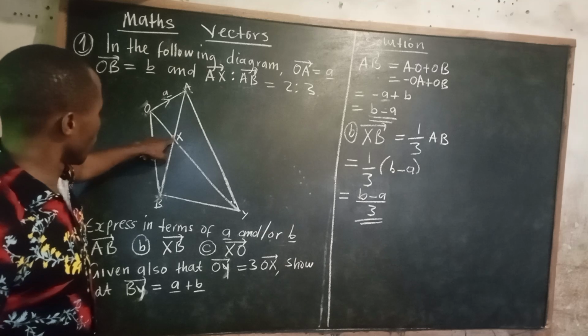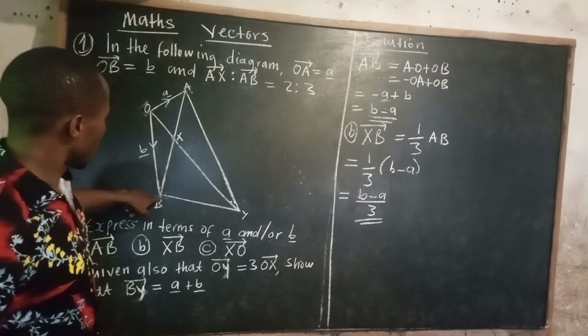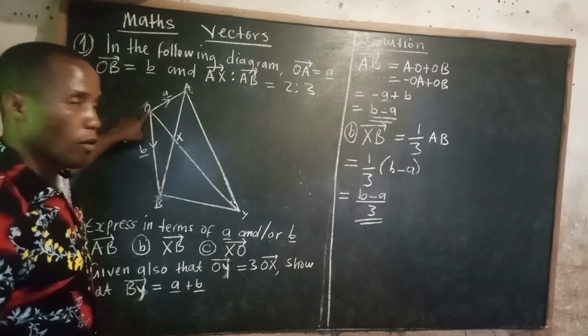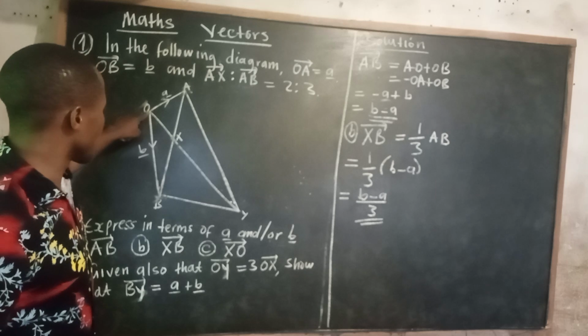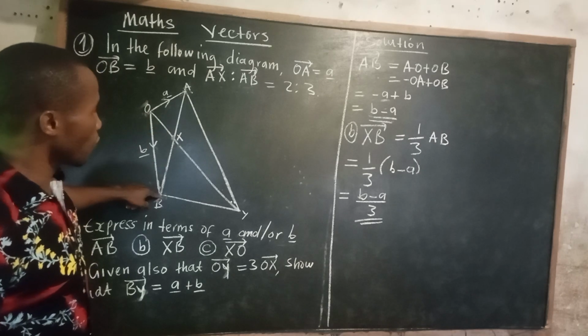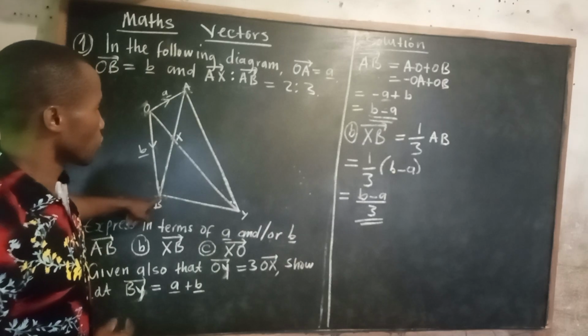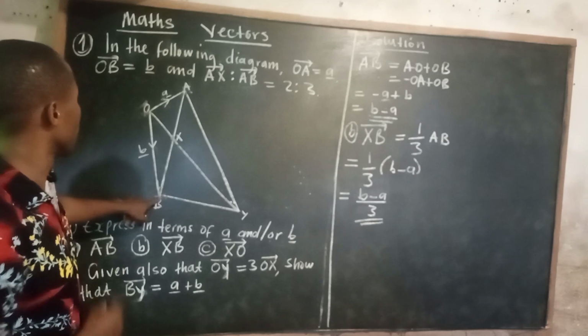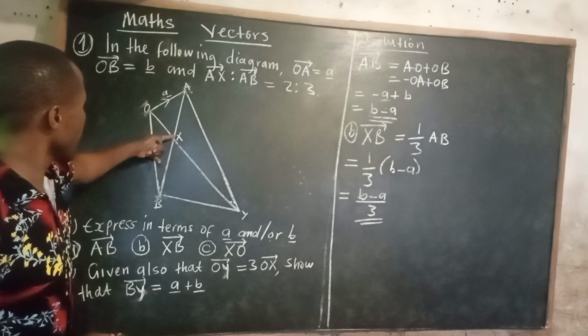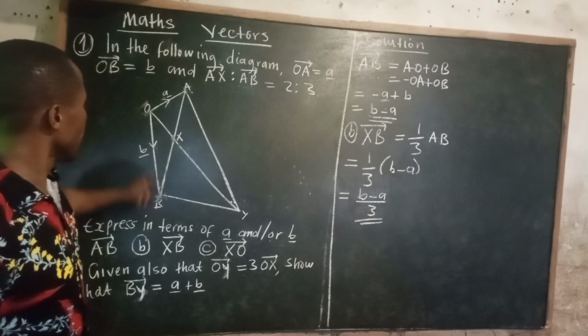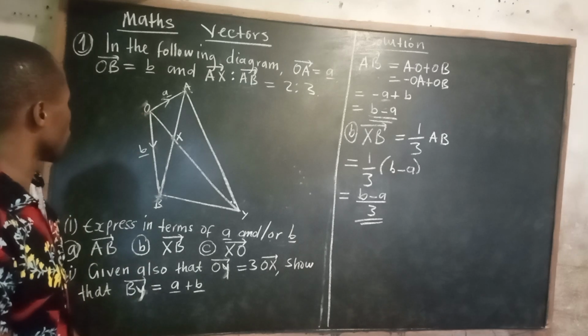XO. So we can move XB, then BO. Okay, that is the direction. Remember, XB we have already found, so it is going to be very easy for us to find the value. So XB, then BO. That is how we are going to move.